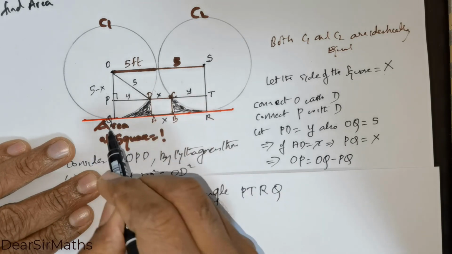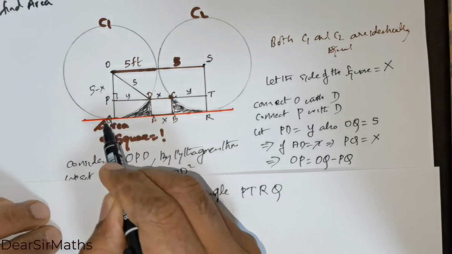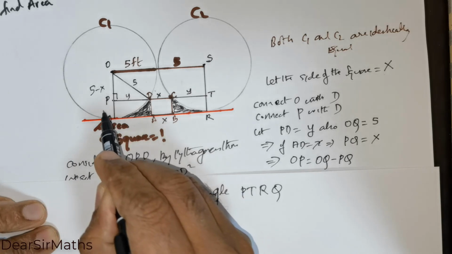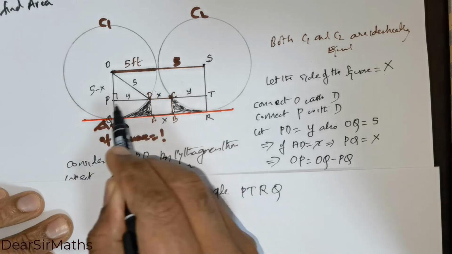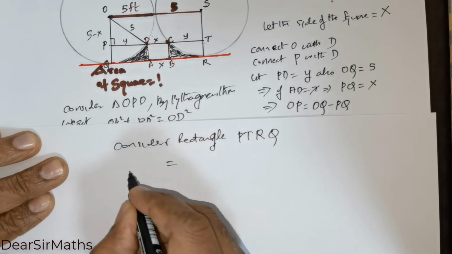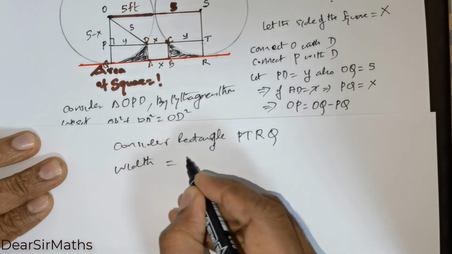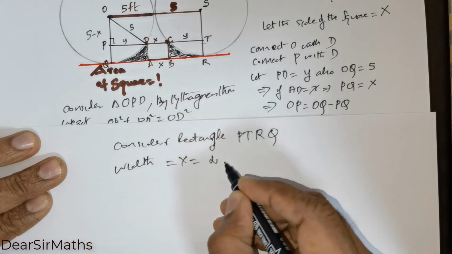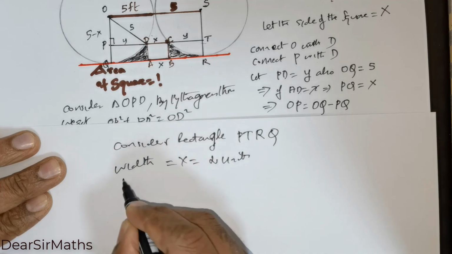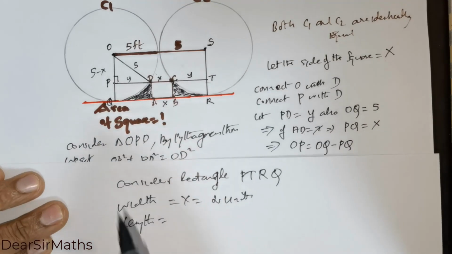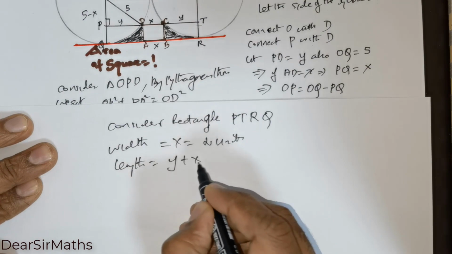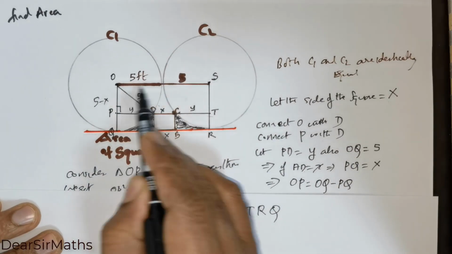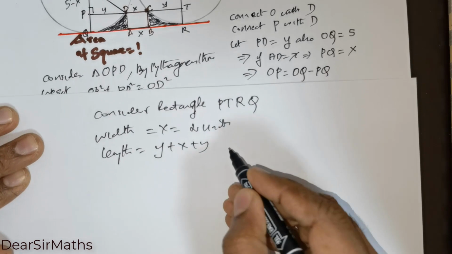This entire rectangle, this side is x units, so I know the value of x. And I have to get the length. The width is known. Width is x units, which is equal to 2 units. The length is y plus x plus y, which is equal to this entire length.